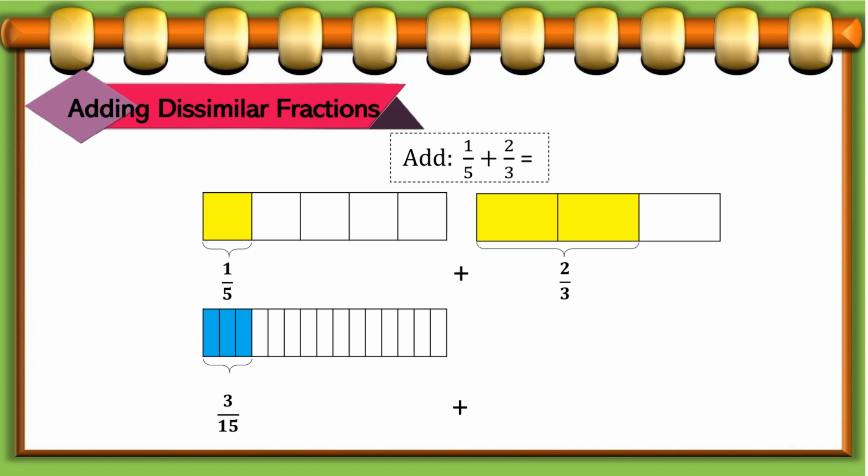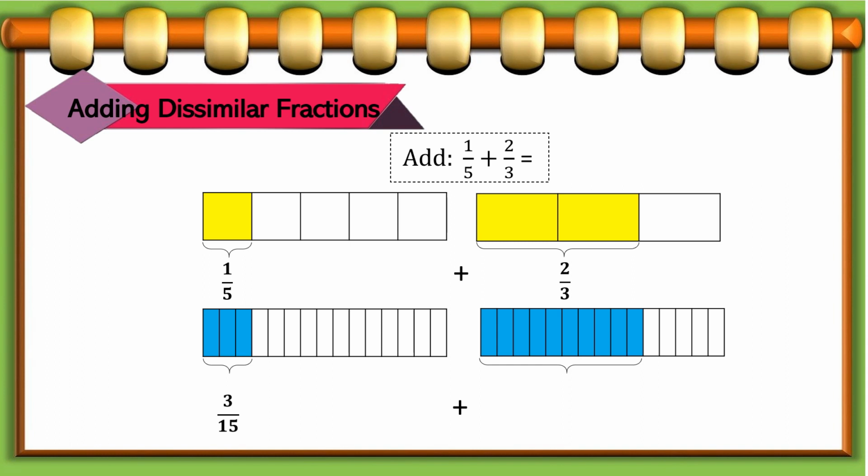And also 2/3, we're going to divide into 5 parts. We have 10/15. Then add the numerators. 3 plus 10 equals 13. And copy the common denominator, 15. So the answer is 13/15.